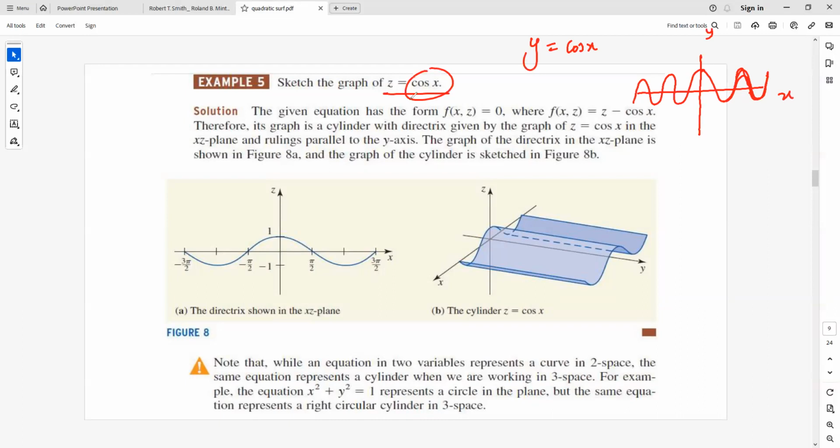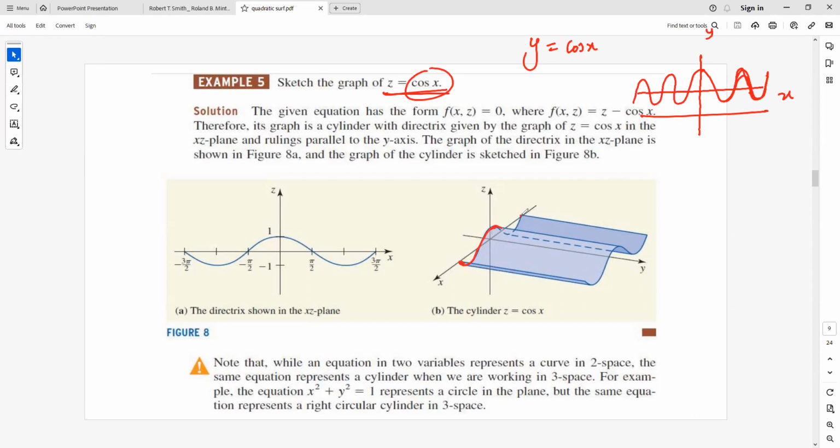Okay. Now, if it is z equals cos x, this will be a similar thing, but in the zx plane, right? So in the zx plane, the curve looks like this.